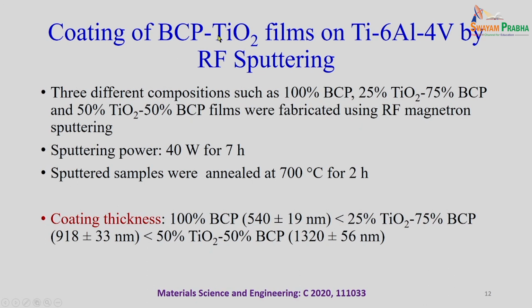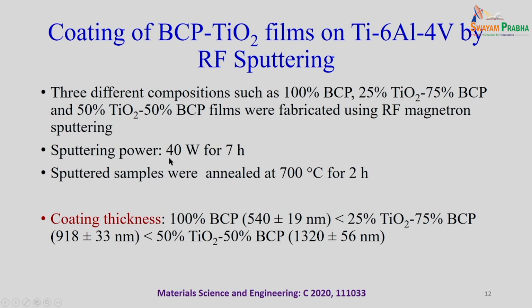Here we are coating a mixture of calcium phosphate and titania using RF sputtering. So, three different compositions, 100% BCP, 25% TiO2 with 75% BCP, and 50% TiO2 with 50% BCP films, are fabricated. The method we are applying is RF magnetron sputtering.